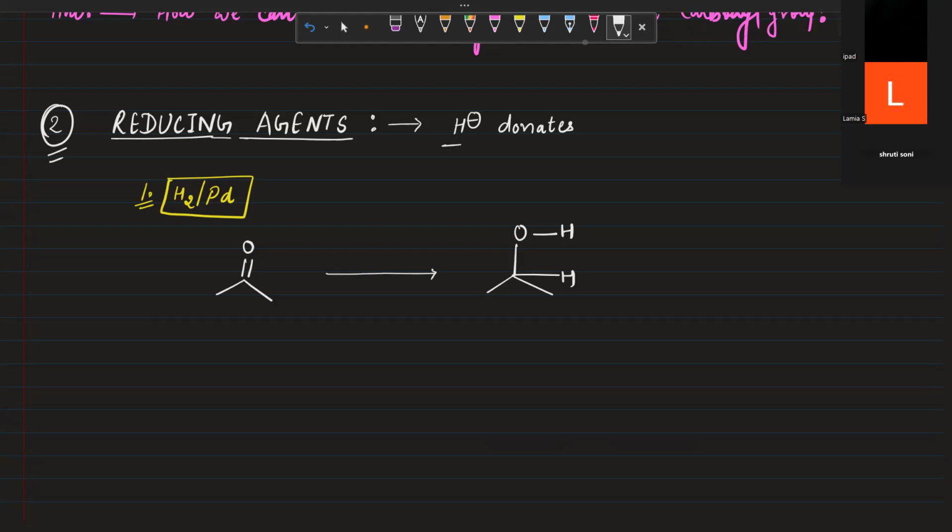So what a reducing agent will do is attach H2 over this double bond: one hydrogen to this oxygen and one hydrogen to the carbon. That's how H2 palladium will work. It will add two hydrogens to this carbonyl group.